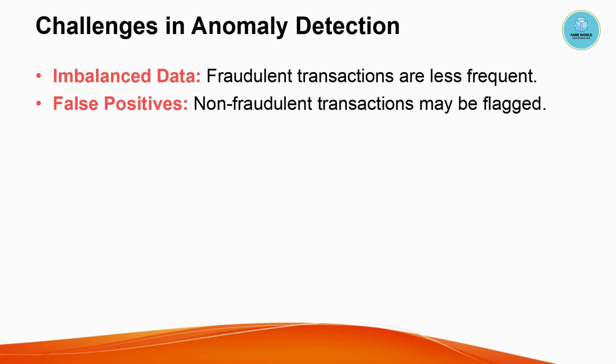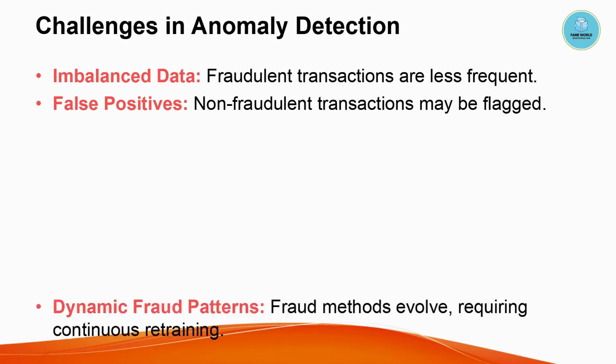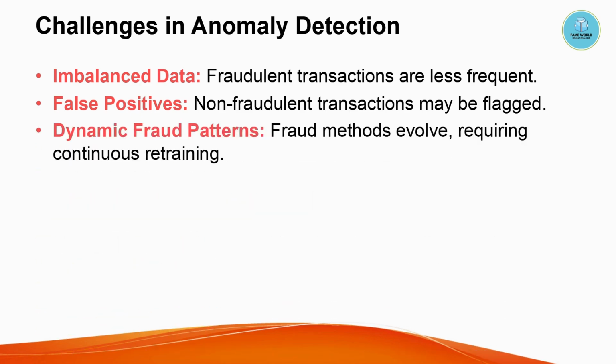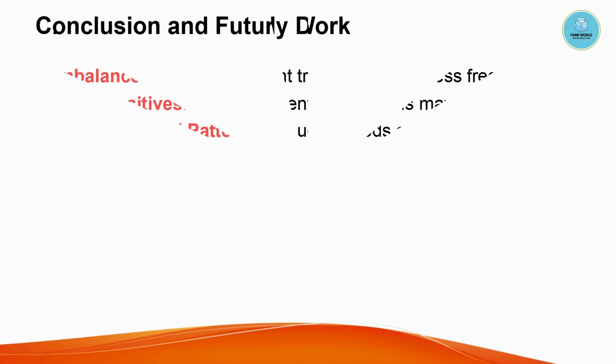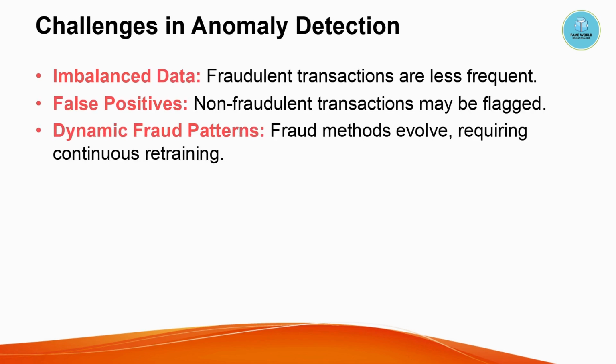A legitimate transaction may be flagged as fraudulent, causing unnecessary intervention and inconvenience for customers. Additionally, fraudsters constantly evolve their tactics, so the model needs to be regularly updated and retrained to adapt to new fraud techniques. This makes anomaly detection an ongoing process that requires continual monitoring and improvements.